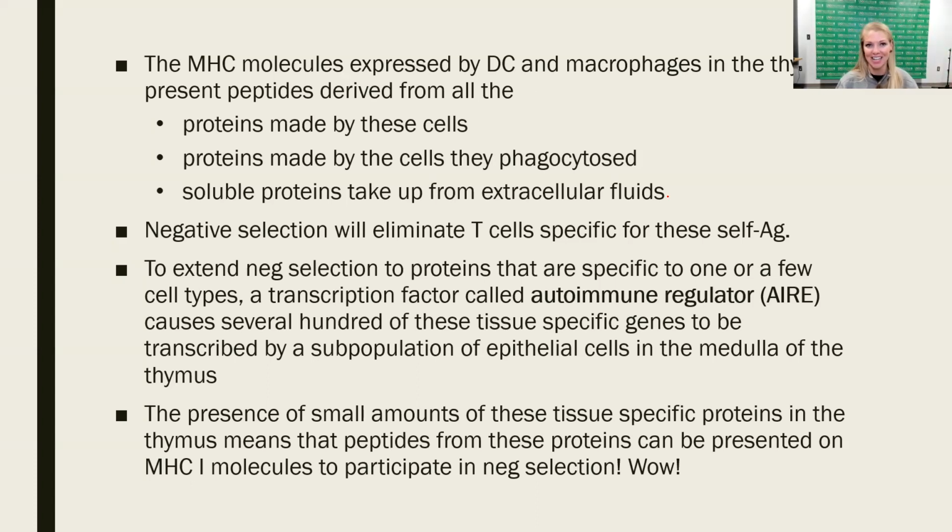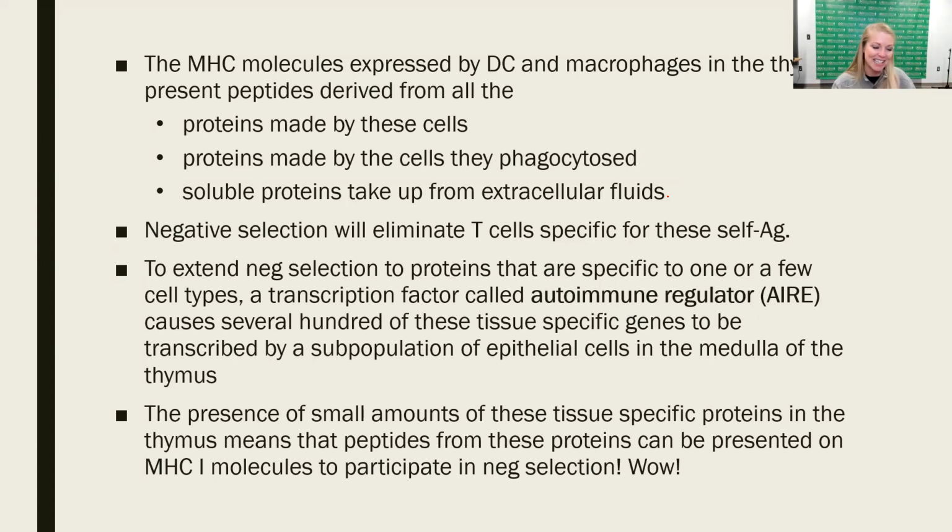that is nuts. Remember that all cells with a nucleus have the same DNA, whether they're in your toe, your liver, or your thymus, wherever. But depending on which tissue those cells are in, that determines which genes are able to be turned on. But not for those cells that have AIRE.